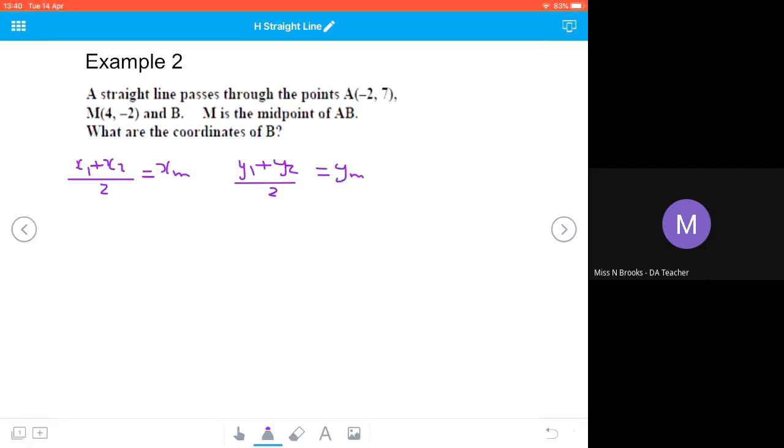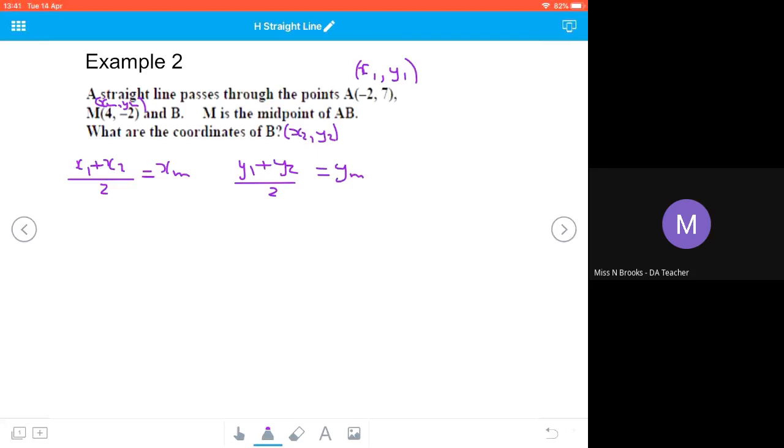So if we go back to the question, we've got point A, so again we're going to let this be x1 and y1. This time we've got the midpoint, so this can be our xm and our ym, and then we want to work out B, which is going to be our x2, y2. So let's substitute in our values.